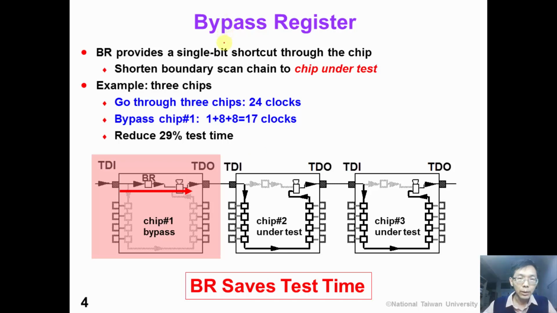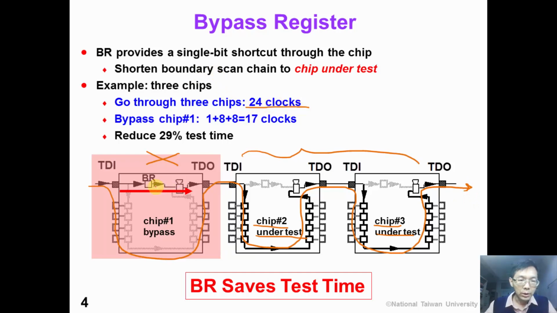Here is an example. Suppose on this board we have three chips. Chip number 2 and chip number 3 are tested, so they are called chips under test. However, chip number 1 is not tested by JTAG. If we want to go through all 24 boundary scan cells, we would need 24 clocks.